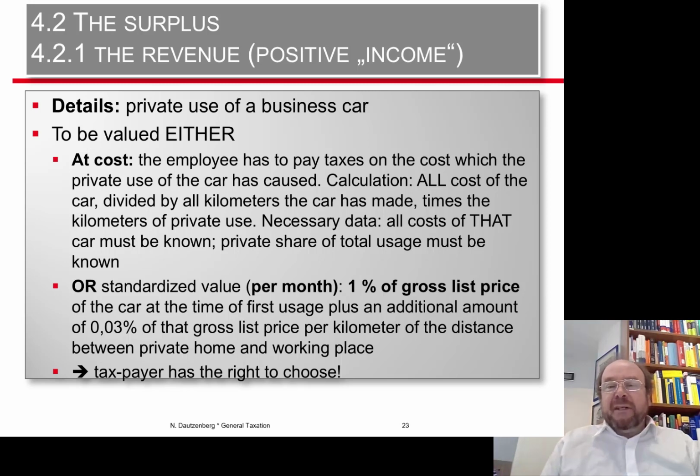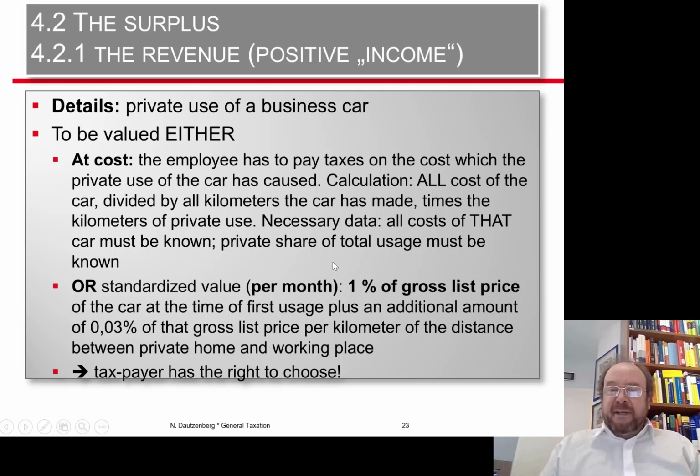That might be 100 kilometers per day for one worker, and 5 kilometers or 1 kilometer only for another worker. Treating them in the same way, although there is such an enormous difference, would be regarded as incorrect, and that is the explanation for that additional factor which refers to the distance between working place and private home.